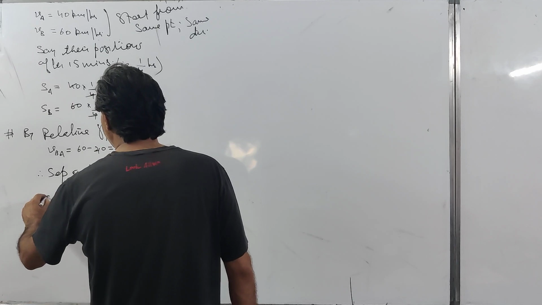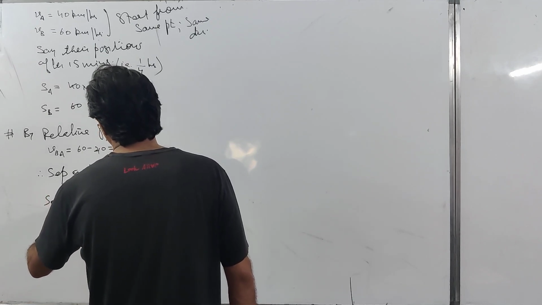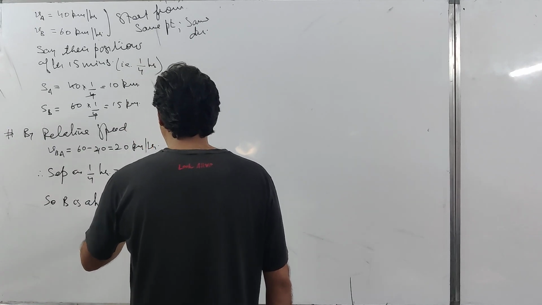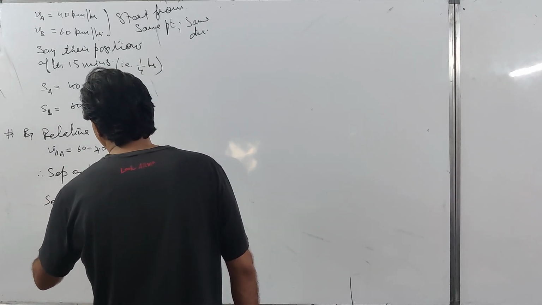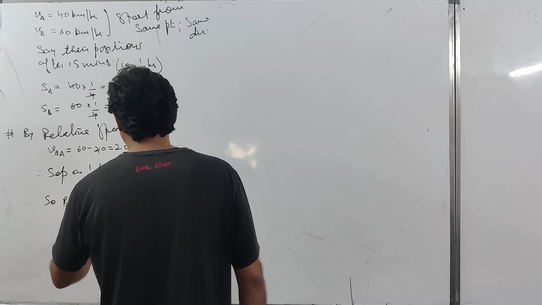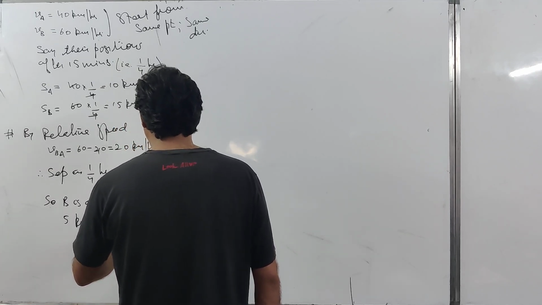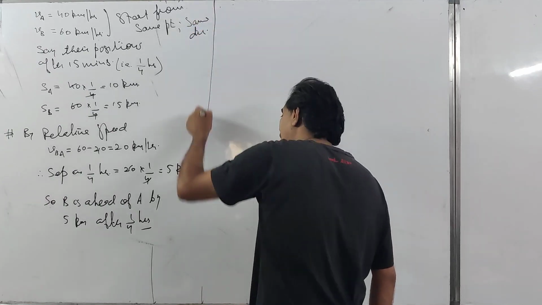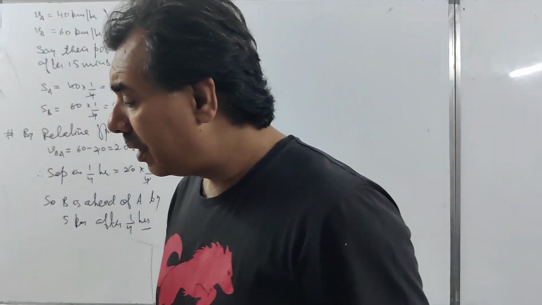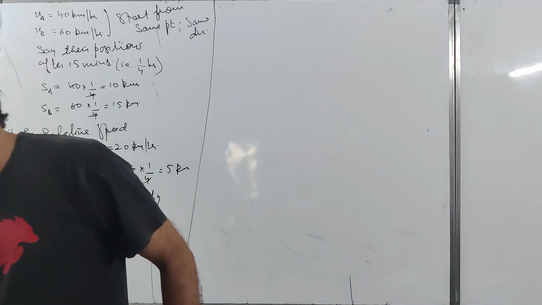So B is ahead of A by 5 kilometers after 1/4 hours. I hope you've come to know the beauty of relative velocity.